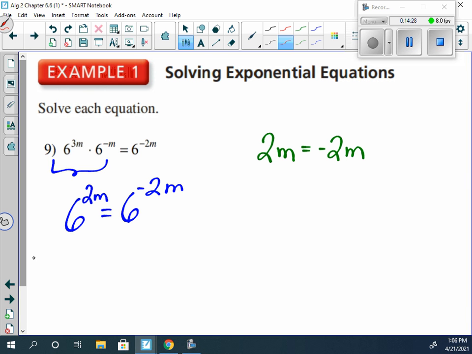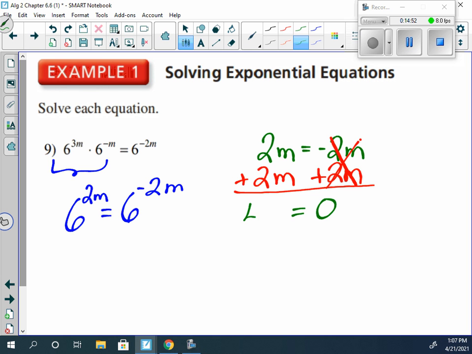Now we just need to solve for the value of m that will make this statement true. So the first thing we can do is what? We can add 2m to both sides. And negative 2m plus 2m would give us 0. And 2m plus 2m would be 4m.